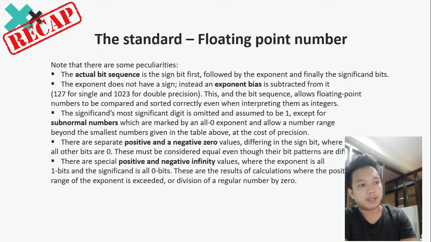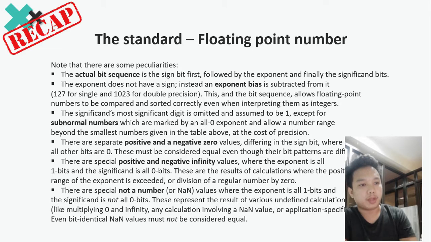There are separate positive and negative zero values, differing in the sign bit, where all other bits are 0. These must be considered equal, even though their bit patterns are different. There are special positive and negative infinity values, where the exponent is all 1 bits and the significand is all 0 bits. These are the results of calculations where the positive range of the exponent is exceeded, or division of a regular number by 0.